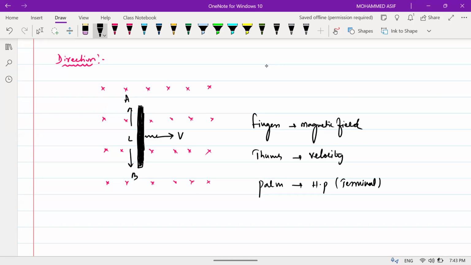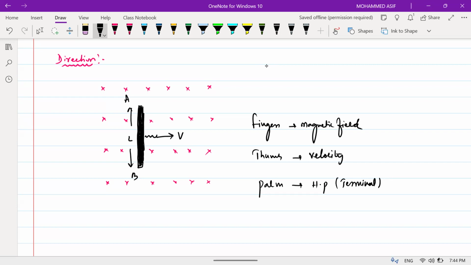Everyone, fingers in the direction of the magnetic field, straight. Then turn your hand so that the thumb points in the direction of velocity. Have you kept it? The palm is being projected. Which side? Either the A side or the B side.